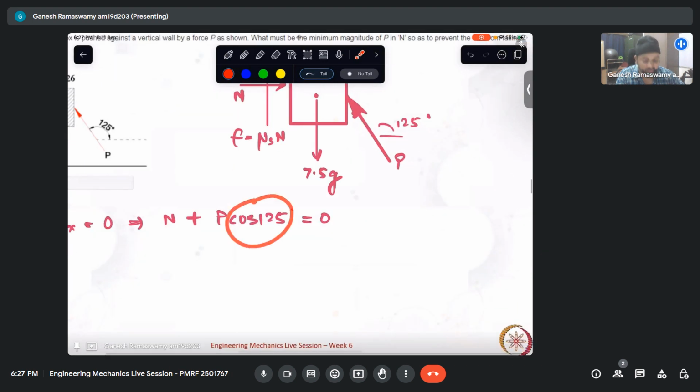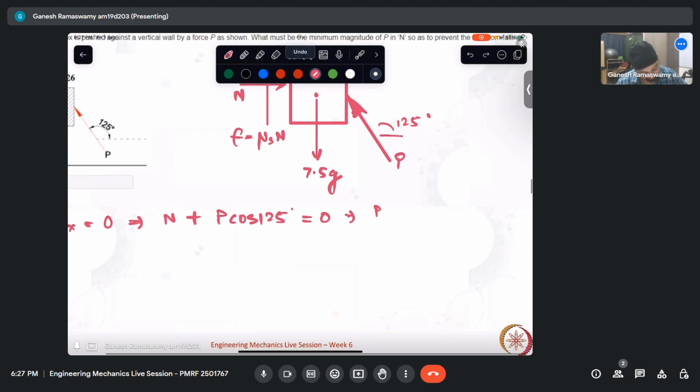Cosine of 125 is naturally negative, in which case that minus will automatically appear. If we already put a minus here, then we should consider the reference angle and not 125. I hope that is clear. So this gives me N equal to minus P cos 125.